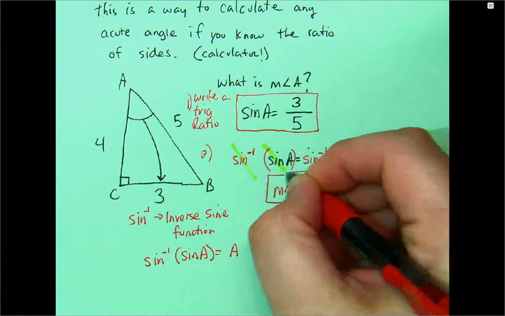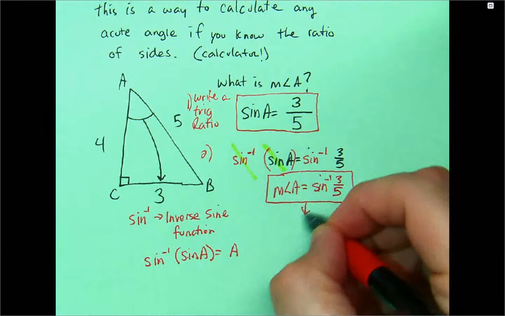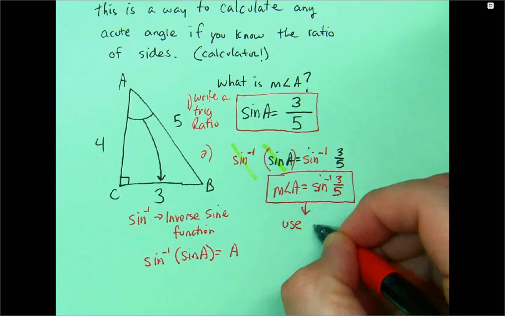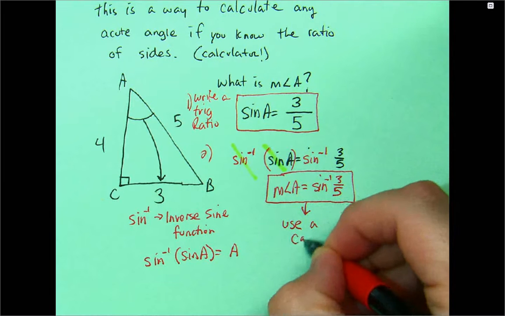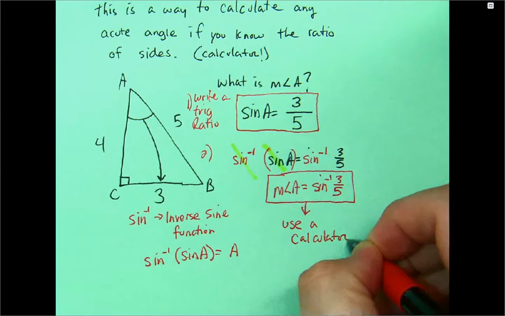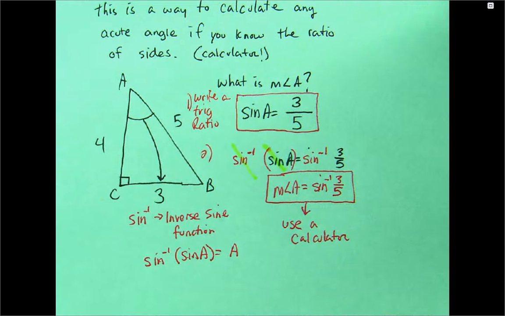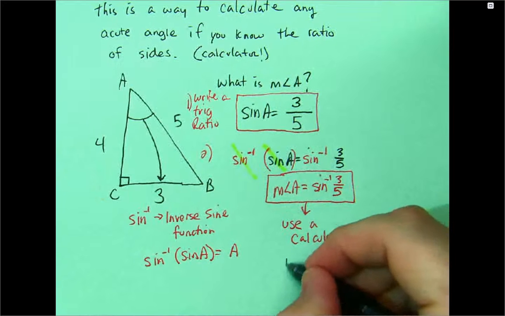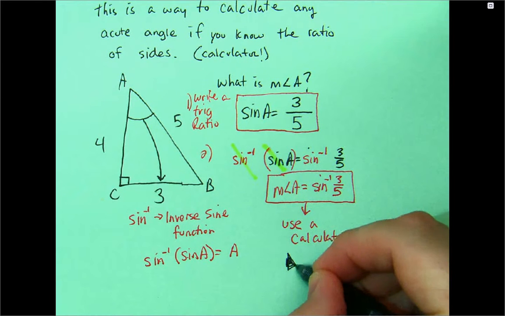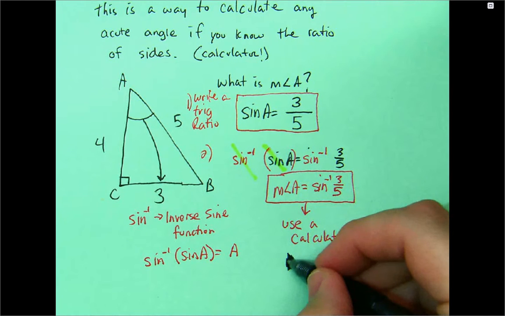And that is when we use a calculator. I'm going to show you this. It's an arrow, like an arrowhead, but it looks like a triangle. It's going to be in your calculator, but it's a big arrowhead.